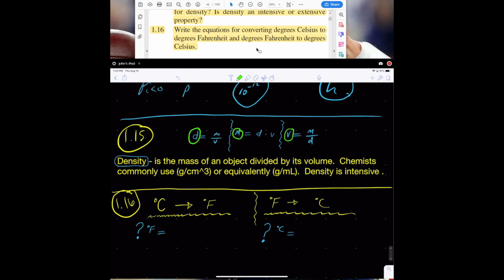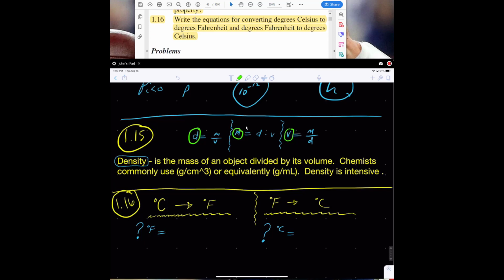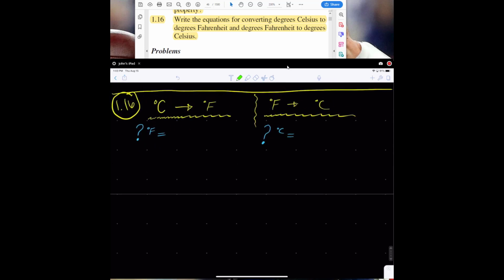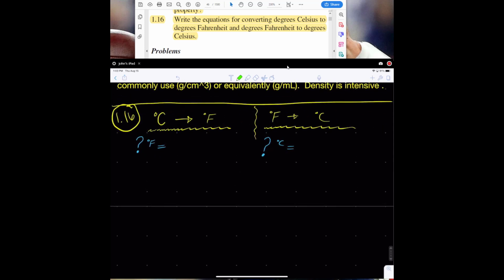Okay, so this next question, 1.16, is asking us to write the equations for converting degrees Celsius to degrees Fahrenheit and degrees Fahrenheit to degrees Celsius. So this first part, I already have it pre-written here.